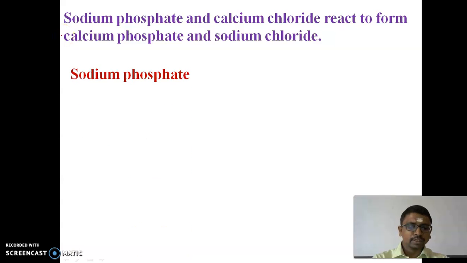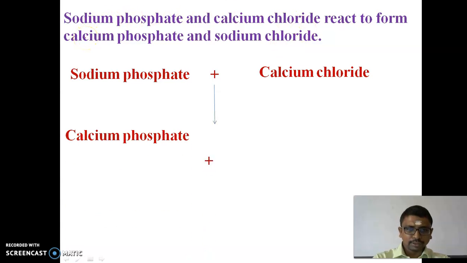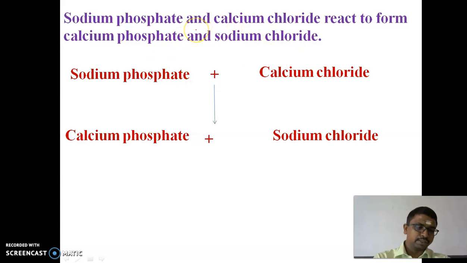Sodium phosphate plus calcium chloride gives, and what is the product here? Calcium phosphate plus sodium chloride. This is the word equation of this statement.